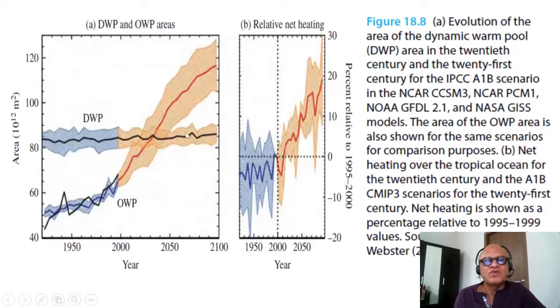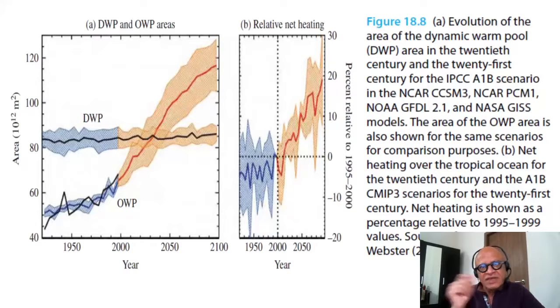Okay, this we have to look further into, as we will do in the next podcast, but just try to understand that. Just because the area of SST greater than 28 degrees centigrade increases quite rapidly and has done so in the last century, the area of dynamic warm pool, or where the column integrated heating goes up, doesn't increase, but the amount of heating in that area goes up.